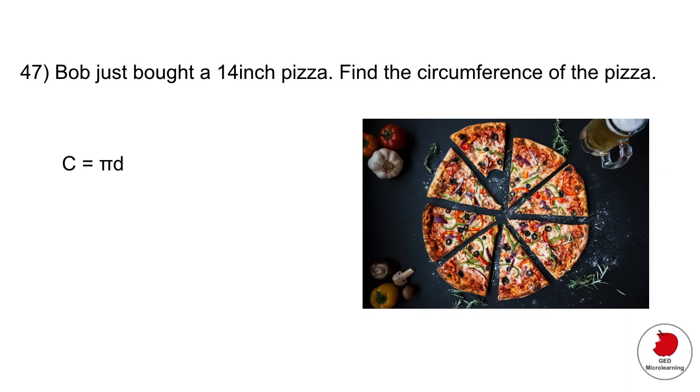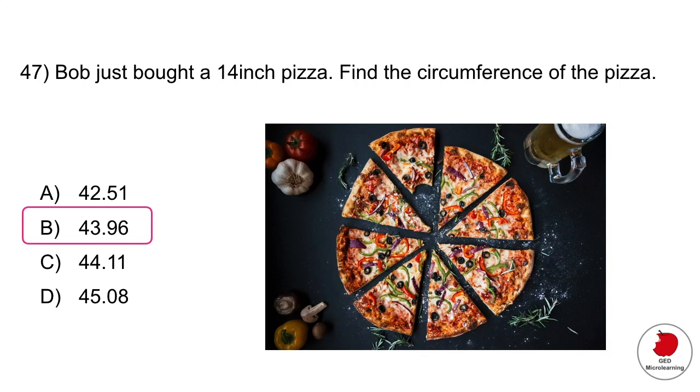Pi is that symbol that looks like a table, and remember that it is worth 3.14. So you would multiply 3.14, or the value of pi, by 14 inches, and that gives you the circumference of the pizza. Option B.